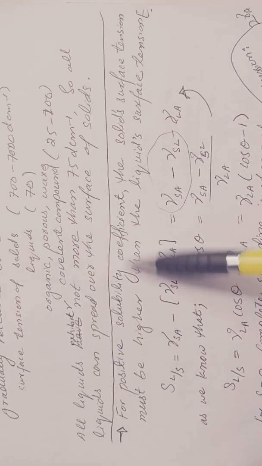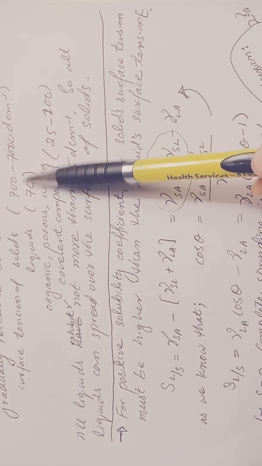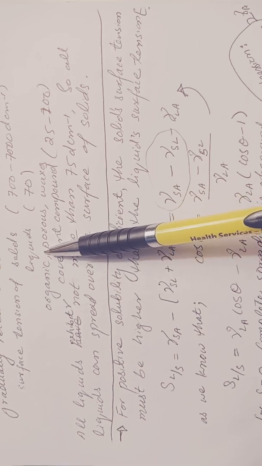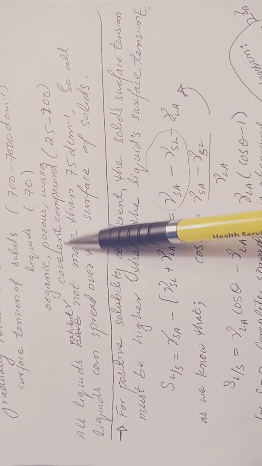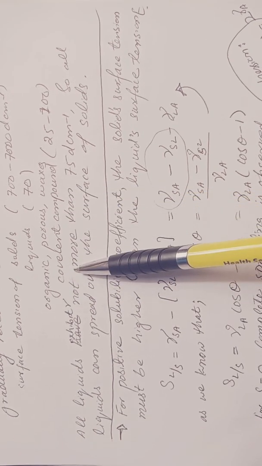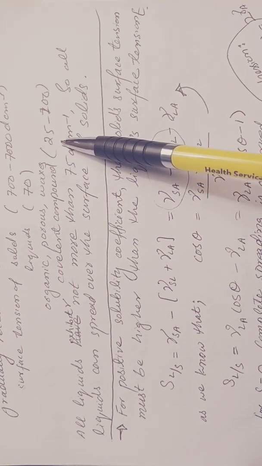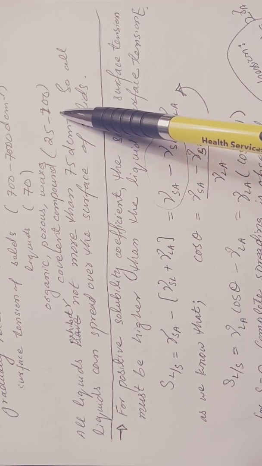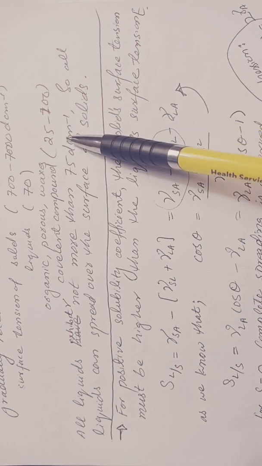For example, the surface tension of the solids ranges between 700 to 7000 dynes per centimeter, whereas for liquids it's around 70 dynes per centimeter, and for organic compounds, waxes and other covalent compounds the surface tension varies between 25 to 100 dynes per centimeter.